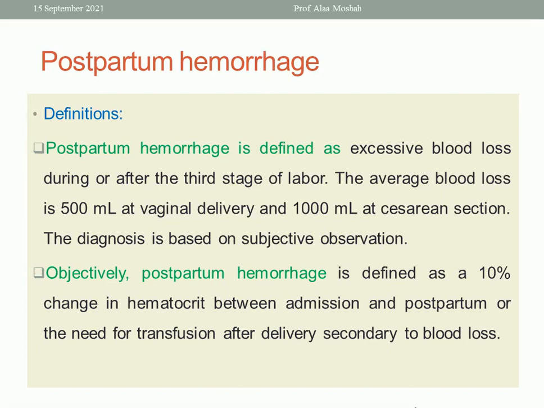But here the diagnosis is based on subjective observation. But objectively, postpartum hemorrhage is defined as 10% change in hematocrit between admission and postpartum, or the need for transfusion after delivery secondary to blood loss.